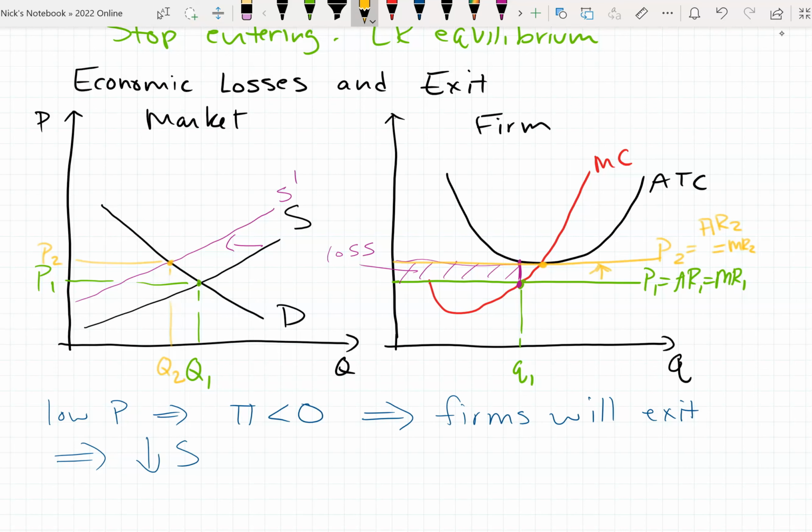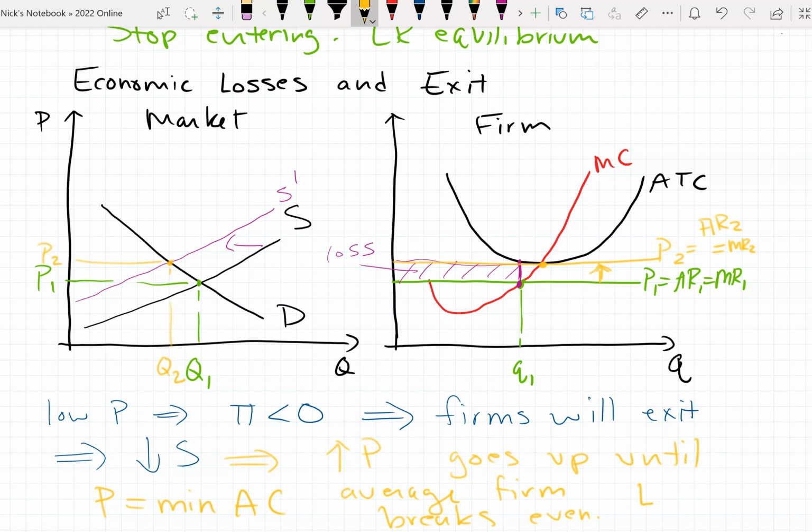So in the market, the supply is going down, which causes the price to go back up. And it keeps going up until the price equals the minimum average cost. And that means the average firm breaks even, and so we're in the long run.